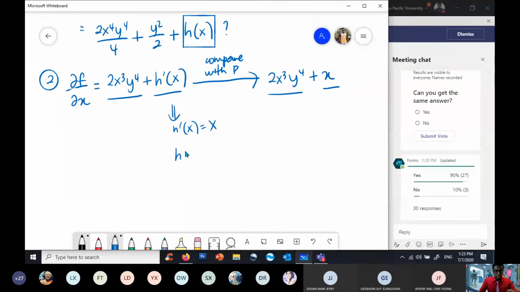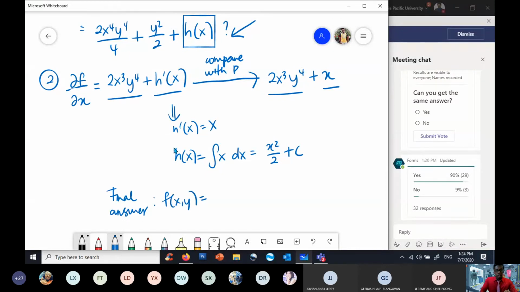So in order to get h(x), I just have to integrate x, and therefore I would get x squared over 2 plus c. Because I now know my h(x), let me plug it in, giving me the final answer: f(x,y) is equal to 2x^4 y^4 over 4 plus y squared over 2 plus x squared over 2 plus c.